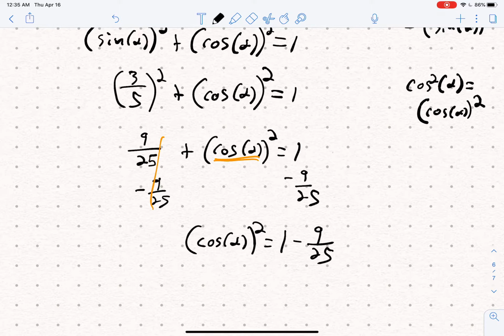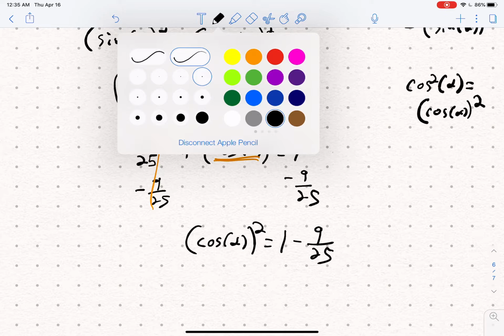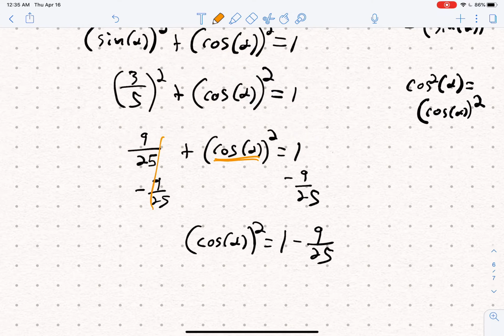Okay. So far, so good. I'm going to simplify the right-hand side by combining them into a single fraction. I'm going to need to get a common denominator, which means I'm going to use the denominator of 25. So I'm going to multiply that 1 by 25 on the top and bottom.